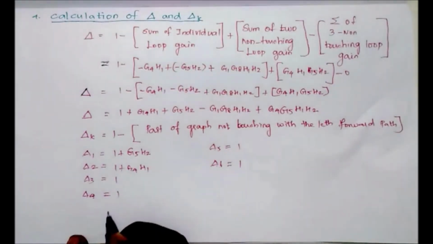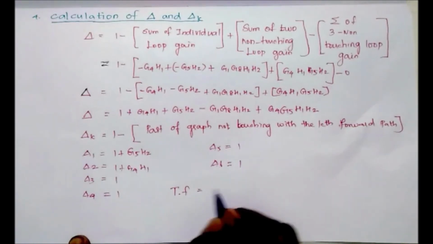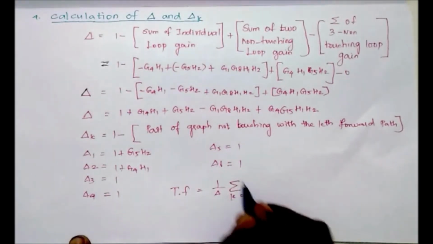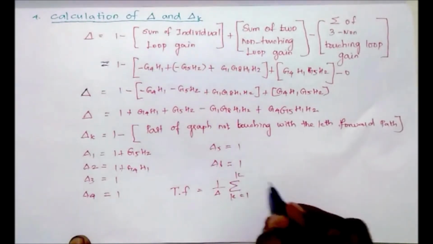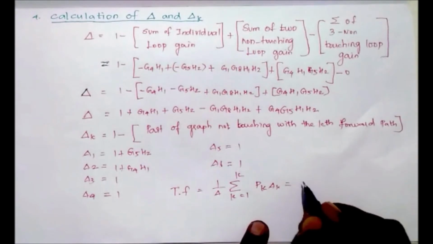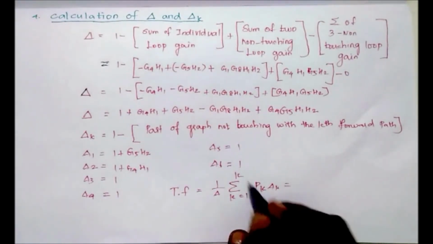According to the Mason's gain formula, the transfer function equals 1 by del, sigma k equals 1 to k, Pk del k. This is the formula. We know there are 6 forward paths, therefore k equals 1 to 6.